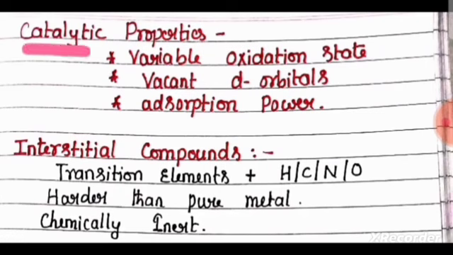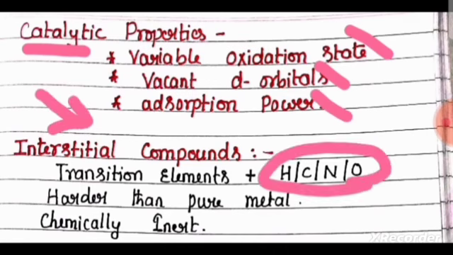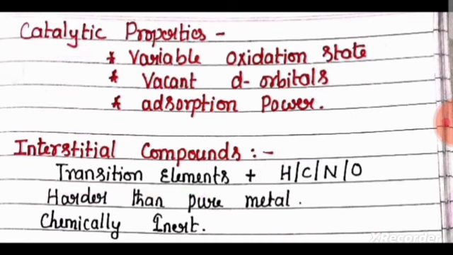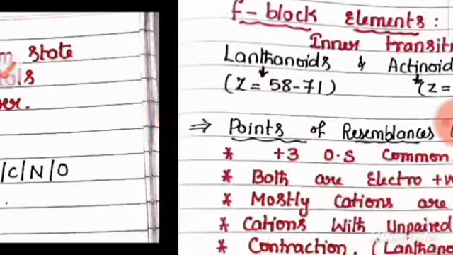Transition elements show catalytic property because of variable oxidation state, partially filled d orbitals, and more adsorption power. And remember, interstitial compounds are those in which smaller atoms like hydrogen, oxygen, carbon are trapped in the cavities of transition elements. Like that, interstitial compounds are formed, which are harder than the pure transition metal, and they are chemically inert in nature.